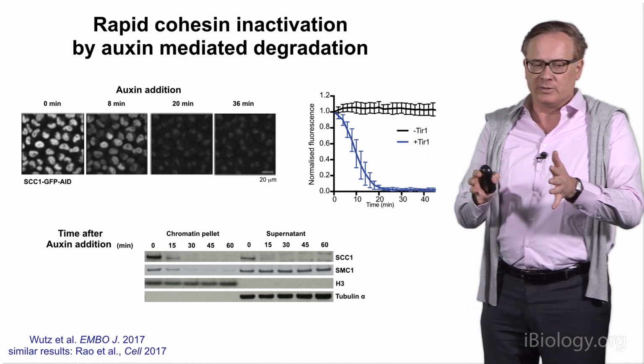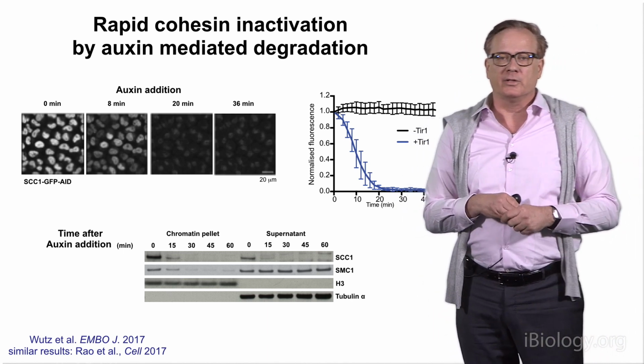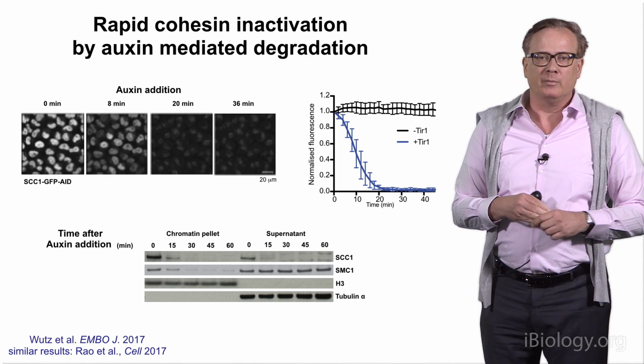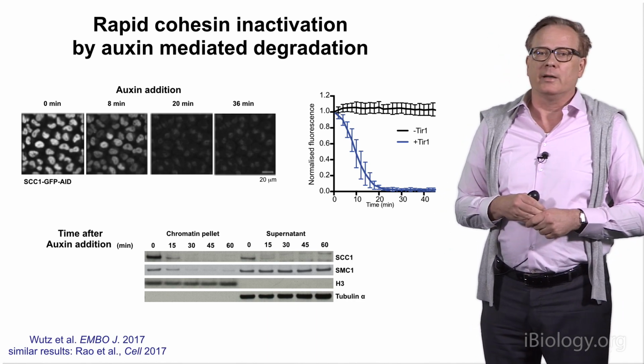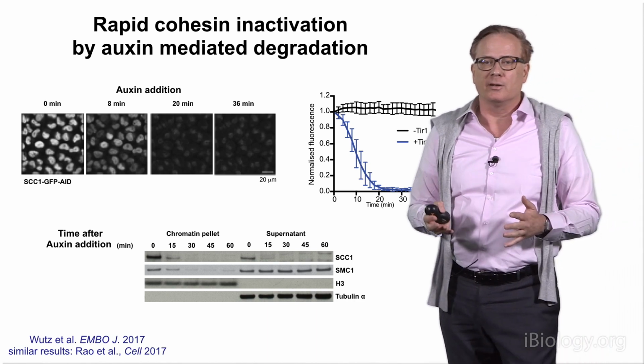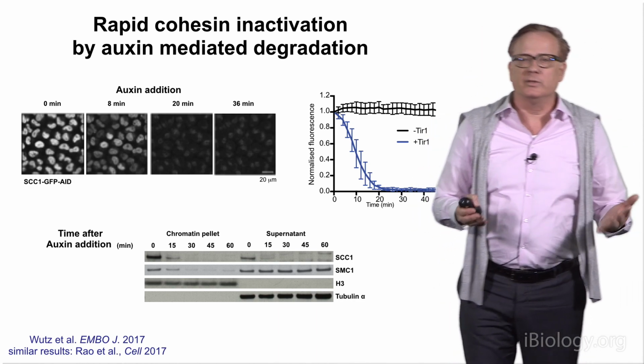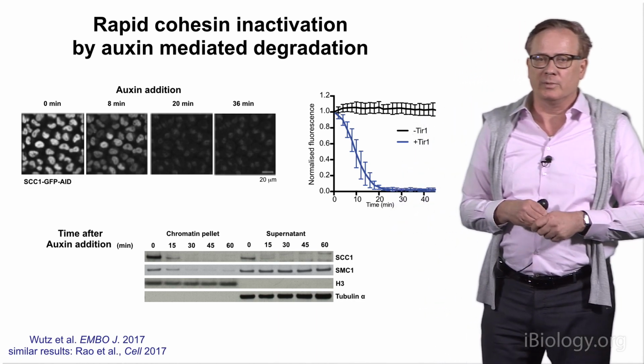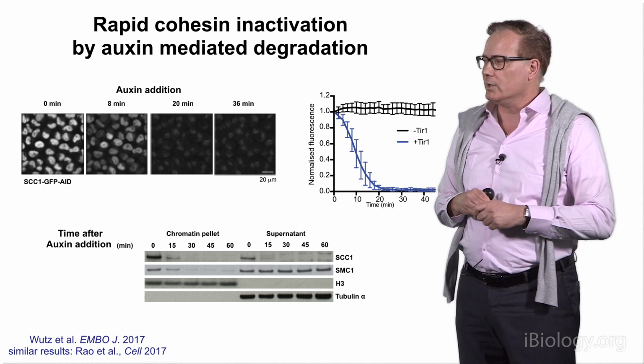And this particular tagging system can be controlled by the absence or presence of the plant hormone auxin, which is needed for activation of this particular ubiquitin ligase system, which is being used here.